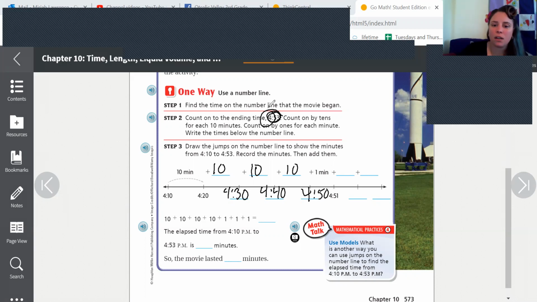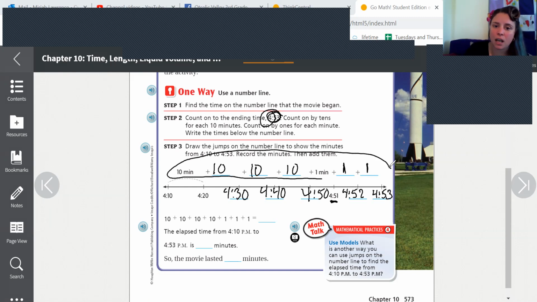Okay, so now that we've gotten to 4:50, we're gonna add 1 minute at a time. So plus 1 minute is 4:51. Plus another minute is gonna be 4:52. Plus another minute is gonna be 4:53. Okay, now we got all of this. This is how much time it took to watch the movie.